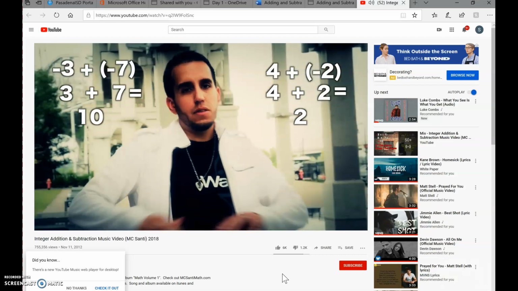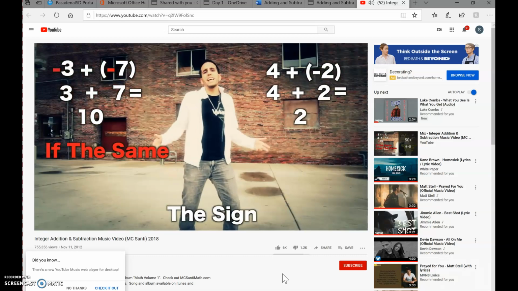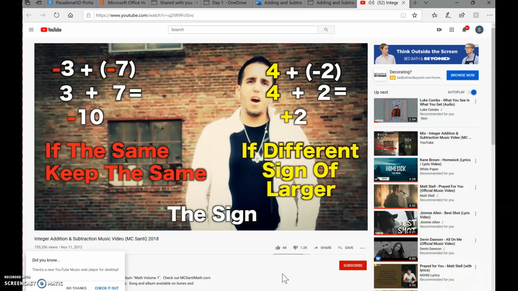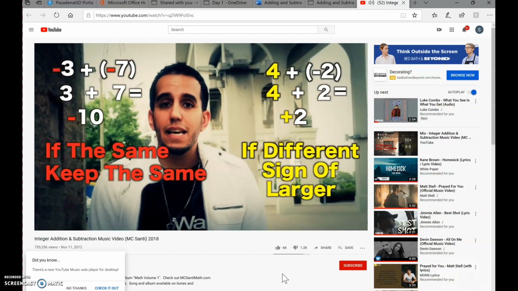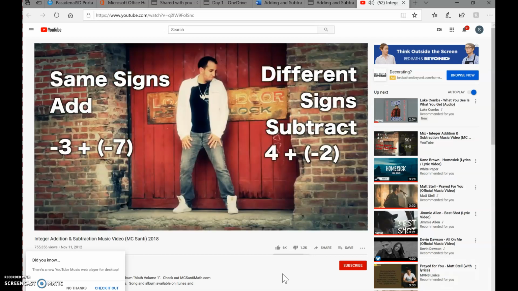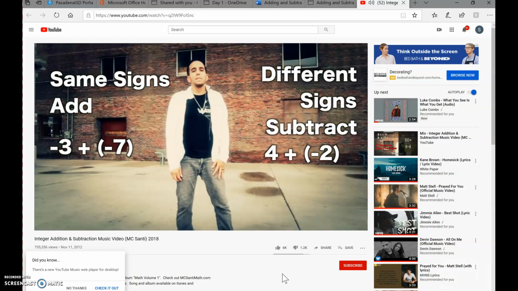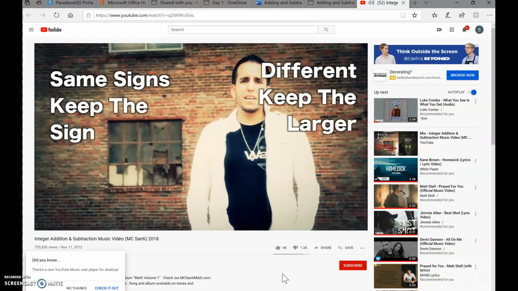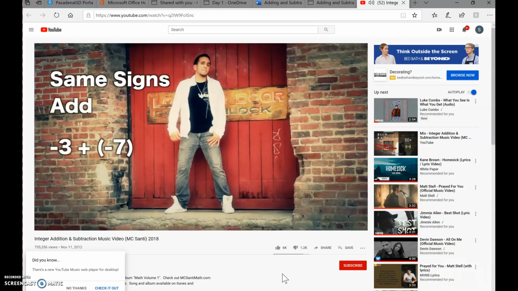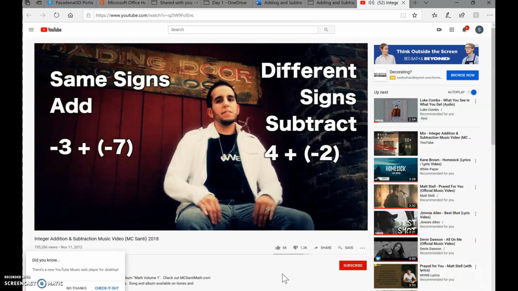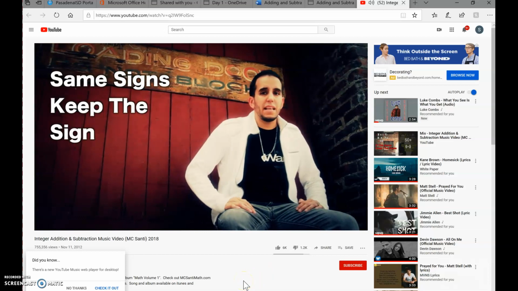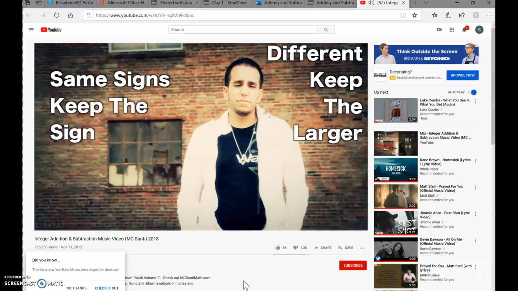Well, is that all? No, the sign. If they were the same, keep it the same. But if they were different, keep the sign of the larger, y'all. If you got to sing the chorus, y'all. Same signs add, different signs subtract. Same sign, keep the sign, different, keep the larger.